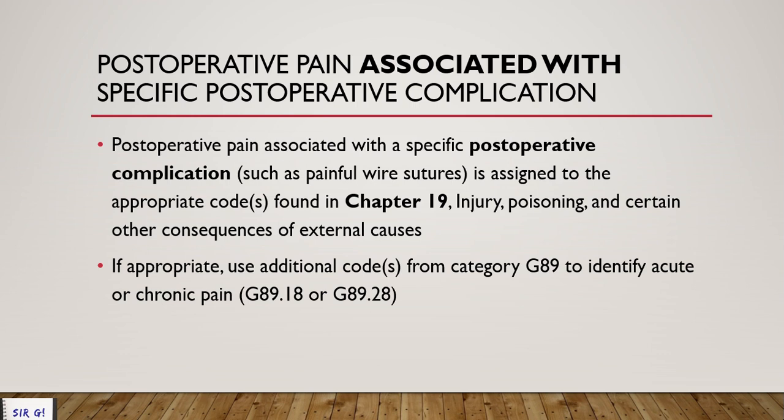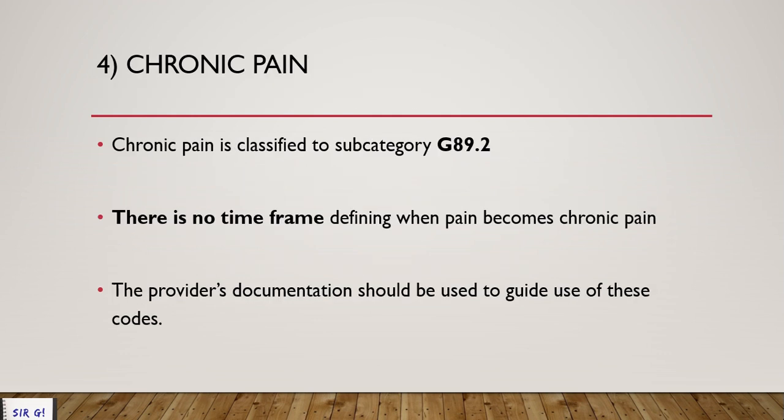And if appropriate, use an additional code from G89 to identify acute or chronic pain, G89.18 or G89.30, if only appropriate. But most of the time, if it's a complication of your surgery, we need to use your T codes. G89 is not a priority. It's just an additional. Okay?